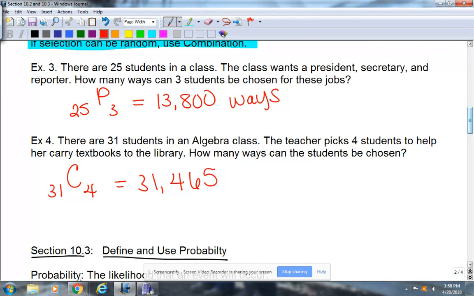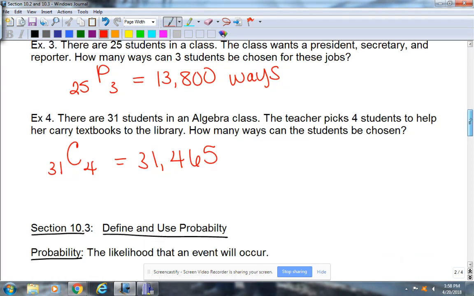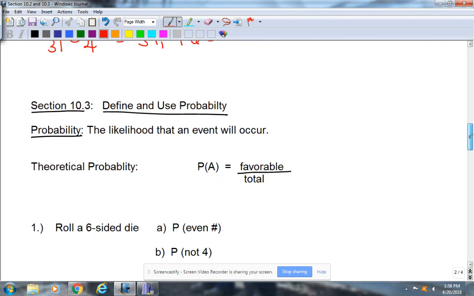All right, that's all of section 10.2. So now we're going to do section 10.3. And that is talking about probability. So probability is the likelihood an event will occur. How likely something is going to happen. So you need to know this formula for probability.